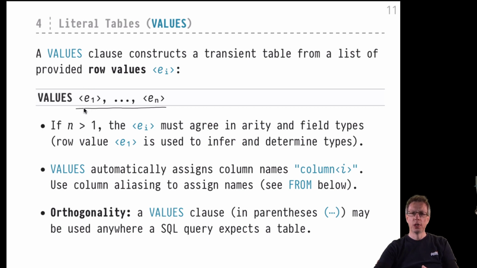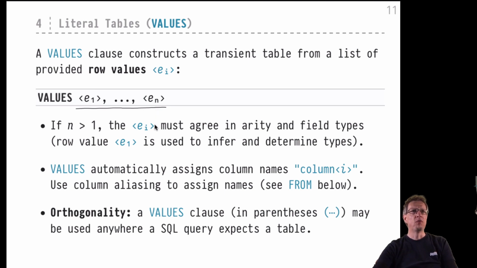It is used to determine the number of fields and the field types of the individual fields of this particular table. E2, E3, and all further rows have to comply with the number of fields and the field types introduced by E1. This is a literal table. It has no table heading or a separate schema whatsoever.